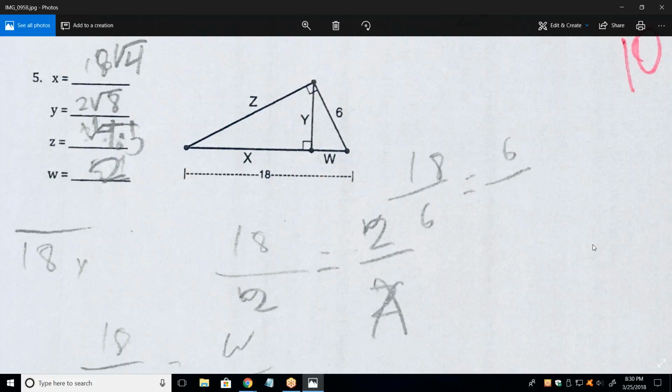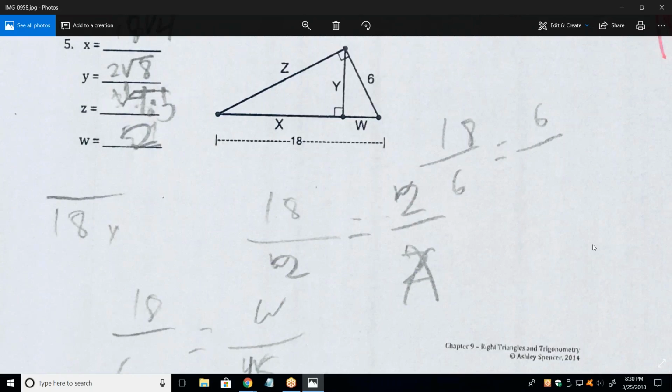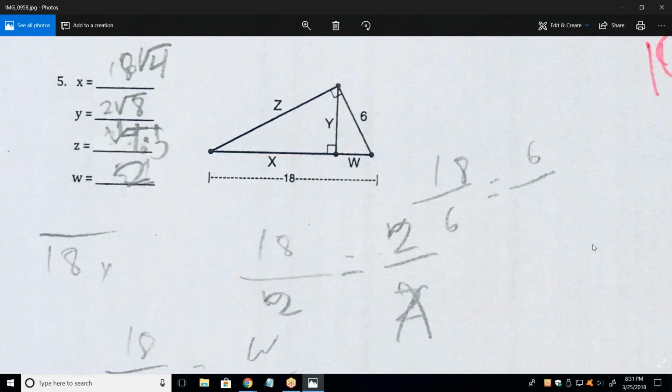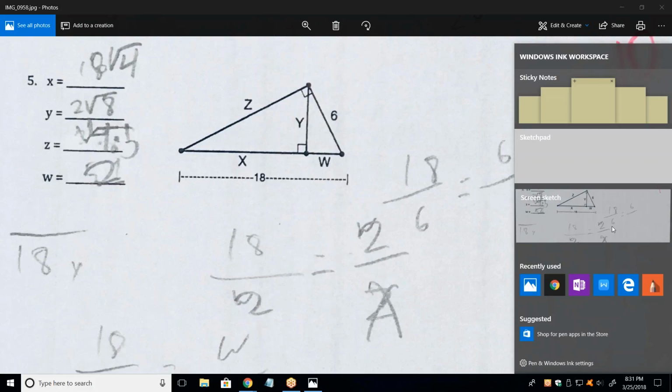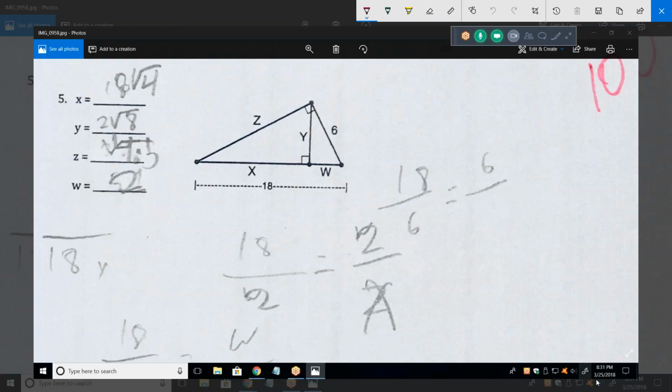If you have it spread all over the place like this, I really can't follow this. I'm a math tutor for 10 years and I can't follow this. So make sure you can follow it. Now I'm going to show you exactly how I would have written your work, so your teacher can follow it.